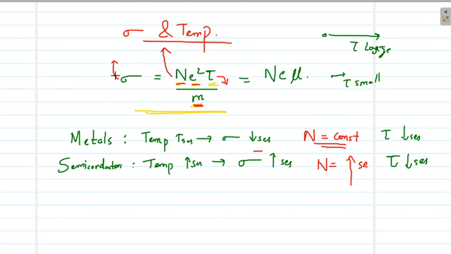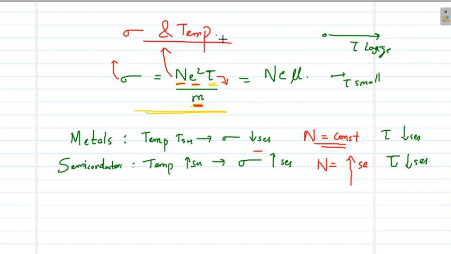So this property can also be explained based on the relation between sigma and mu. You can discuss that. So in effect, this theory gives us an understanding about the relative contribution of n and mu to sigma, how tau and mu are related to sigma, and enables us to explain the different values of sigma.